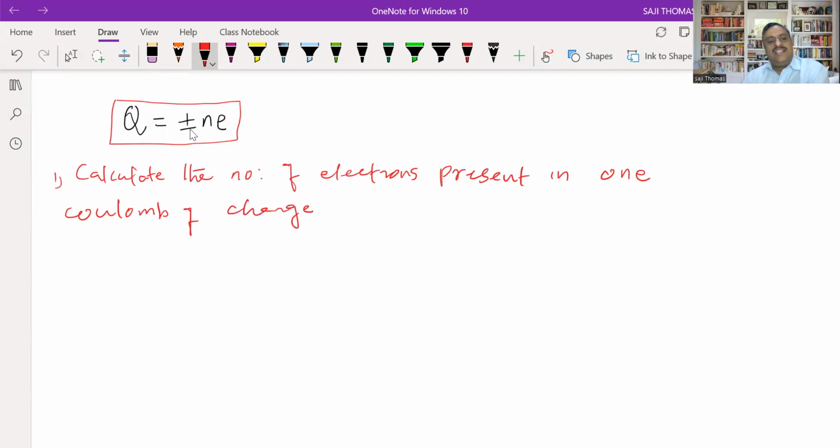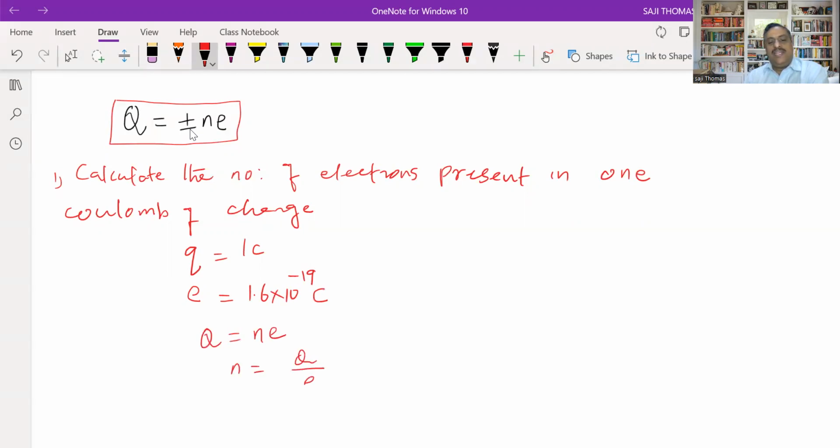So here charge is given. What is charge? 1 coulomb. And you know the basic unit of charge, e equals 1.6 into 10 raised to minus 19 coulomb. And you can use the formula Q is equal to Ne, right? So what is N?